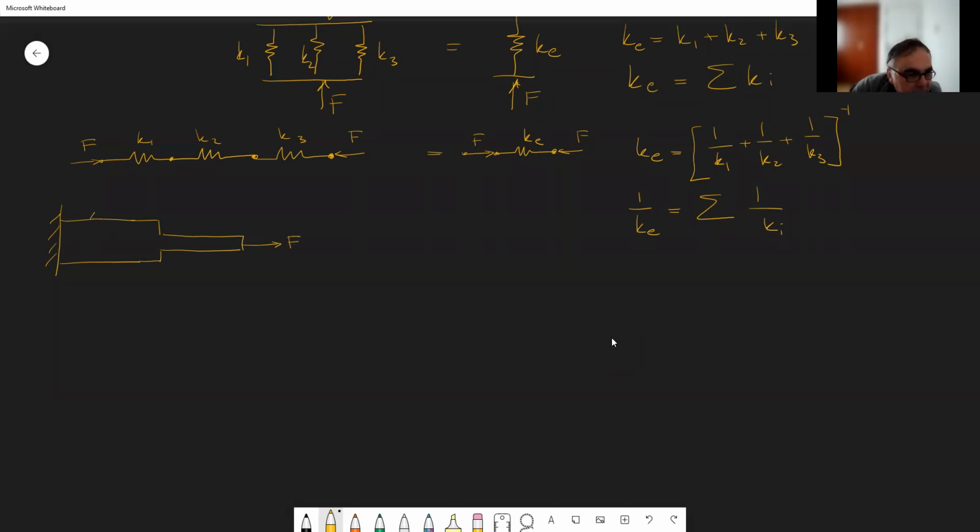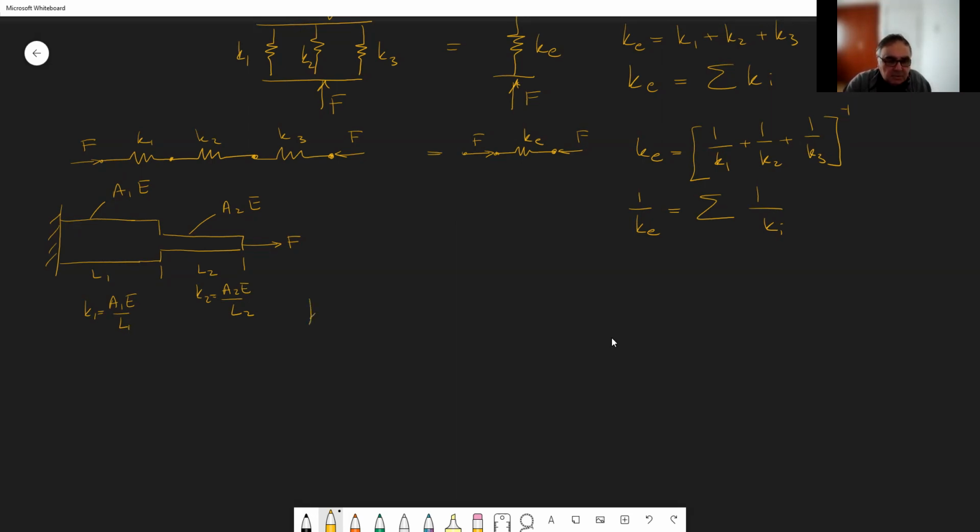So this one has A1 and E. This one has A2 and E. Lengths are L1 and L2. So the K1 here is A1E over L1. And K2 here is A2E over L2. And you can guess, these are springs in series.